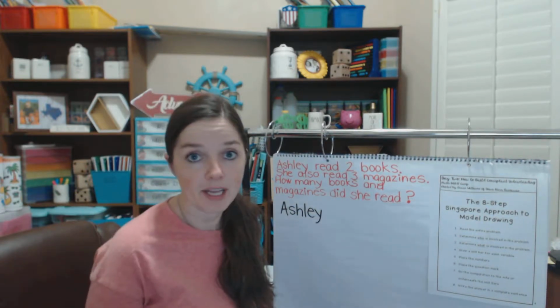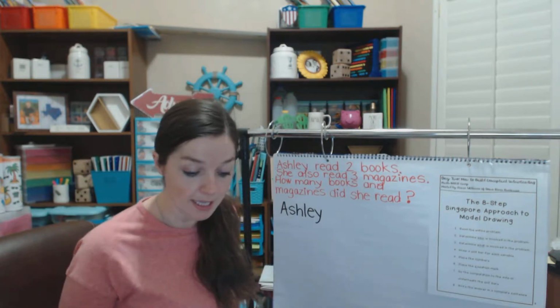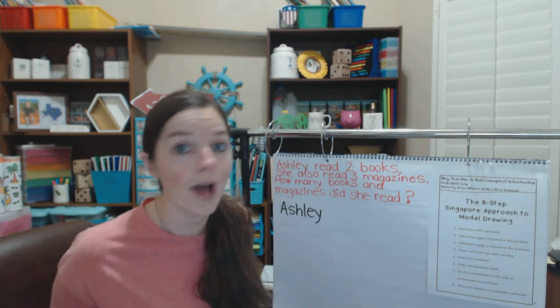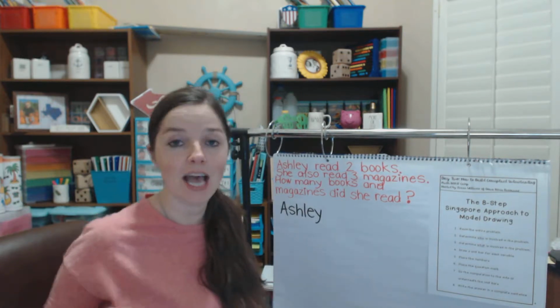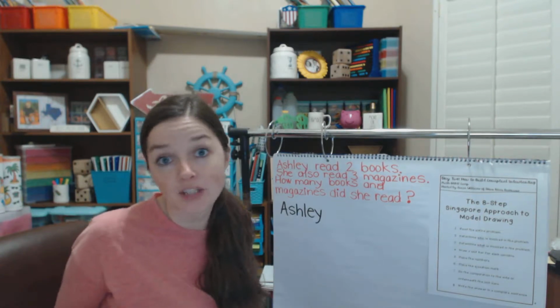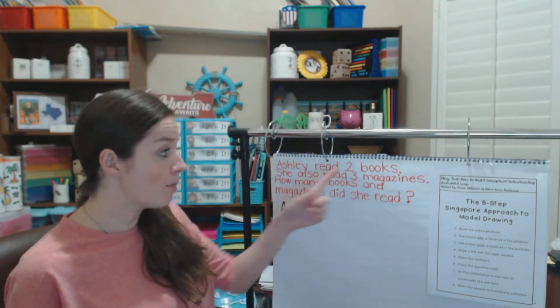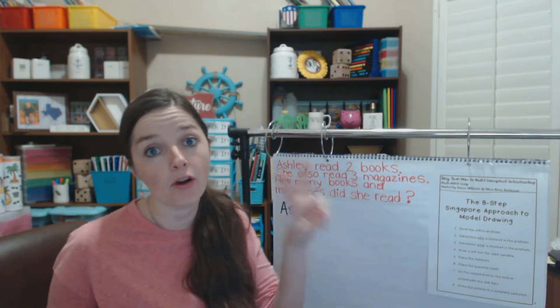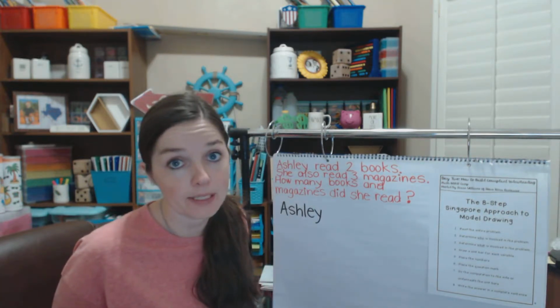The third step in the problem-solving process is to ask Ashley's what? Ashley's pets, Ashley's buttons, Ashley's snacks. What are we talking about? We're talking about books and magazines. So in this problem, there are 2 variables.